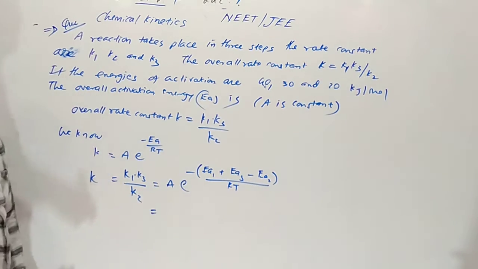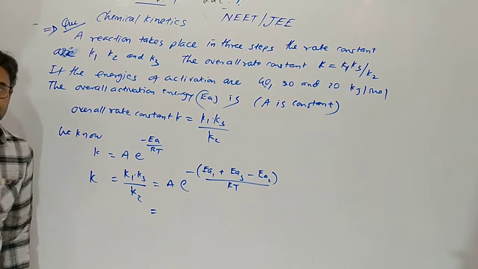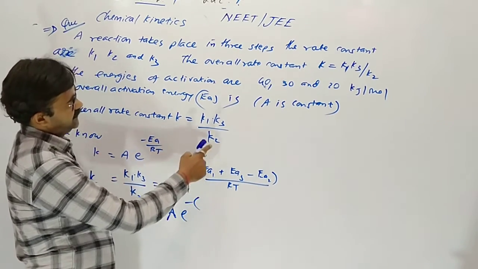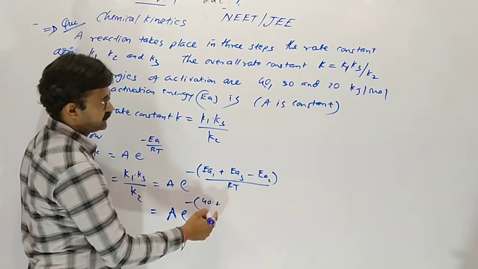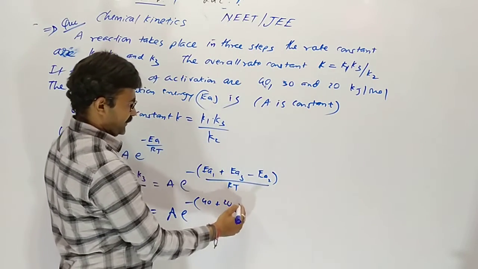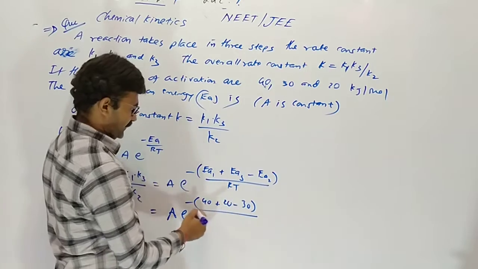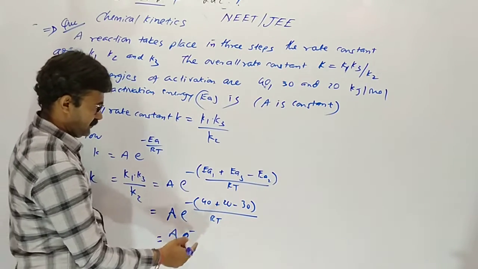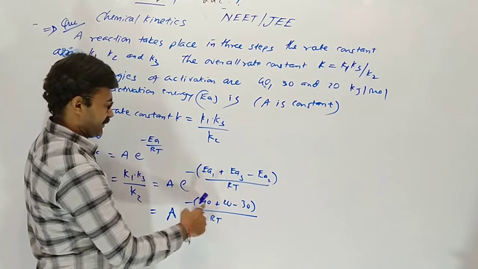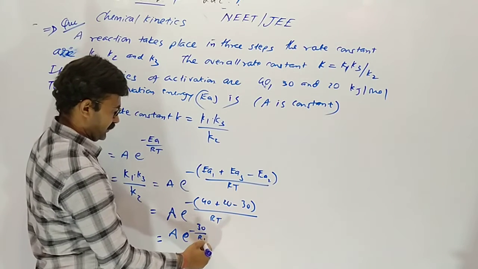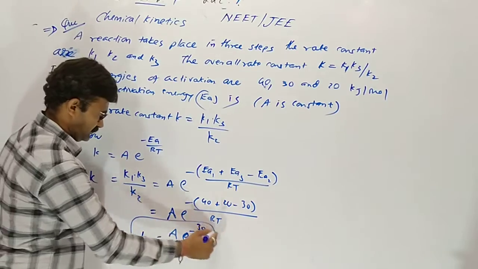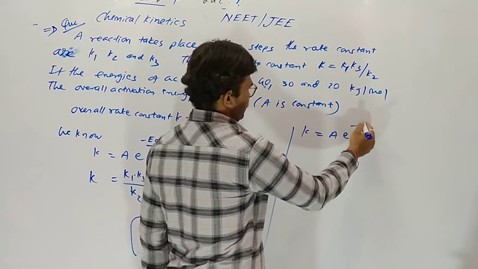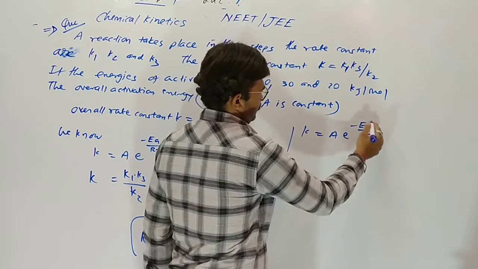So now put down the values. Here A e raised to EA1 is 40, this one 20, and now minus 30. So A e raised to 60 minus 30, minus 30 upon RT. So now compare this equation with this one.